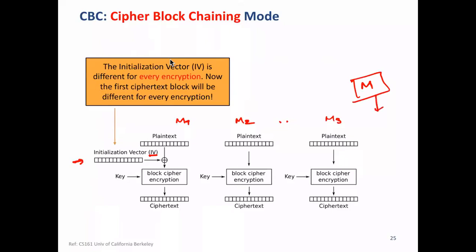Now you apply the initialization vector to the first block and do an exclusive OR of that. Then this output you encrypt using the key, and you get the ciphertext. All right, lovely. What's the issue here?